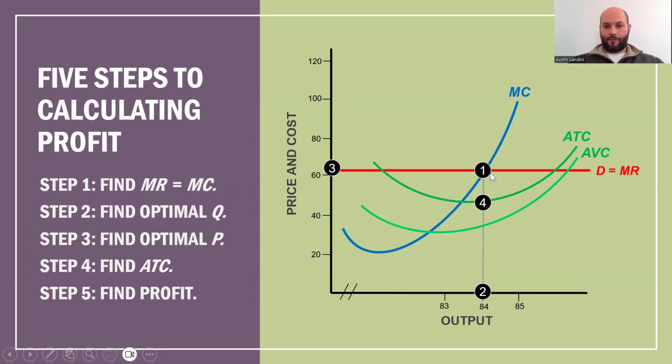In the case of the perfect competitor, price equals marginal revenue, but for other markets, this will not be the case. All right, so the assumption we're making about the perfect competitor is marginal revenue equals price, this flat demand curve. So we compare our market price to average total cost, and that gives us profit.